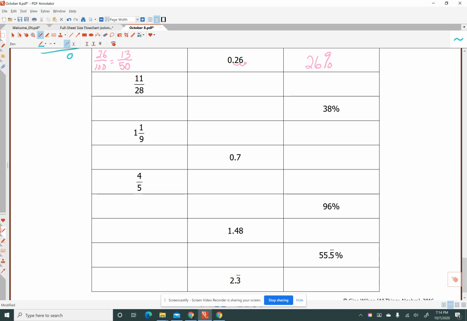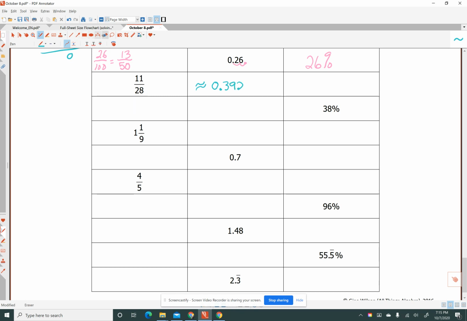So let's see, we have 11/28ths. Now, this is an irrational number. We can really only approximate the decimal value. So we'll use the about sign. And that would be about 392 thousandths.